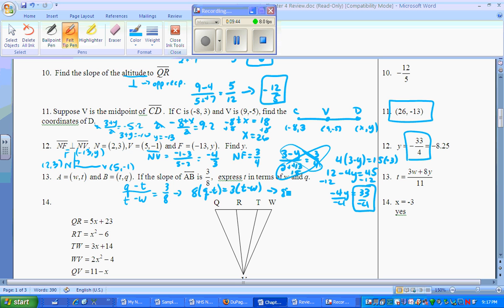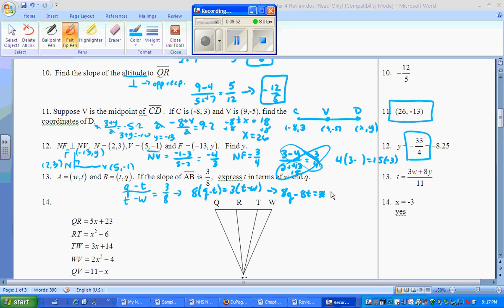This transforms into 8Q minus 8T, which equals 3T minus 3W. Bring the T's over this way.